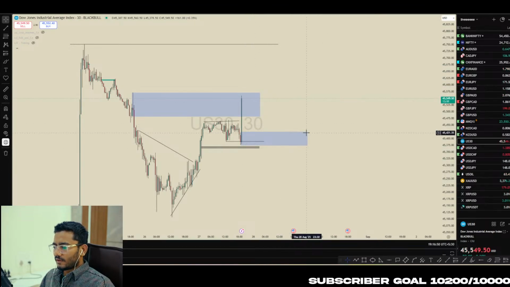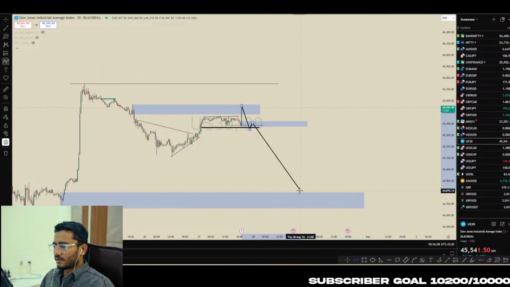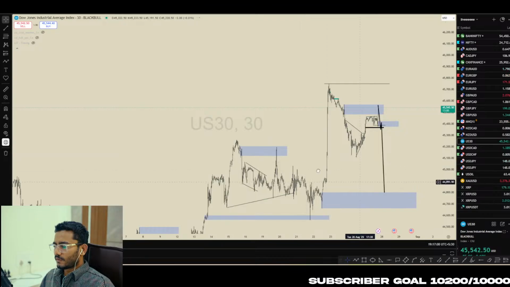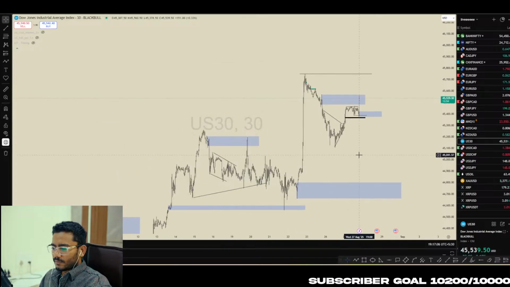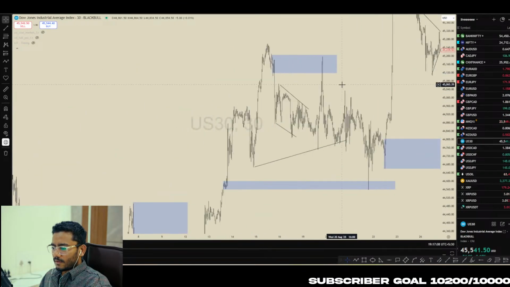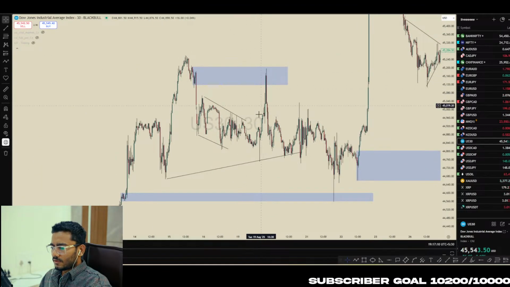For sell side, the thing is we want price to break the strong low. So price has created the strong low, and it should be broken. Then only we look for a sell side entry from here, like this. You can see here also price created this high and then broke, and it started to go down.